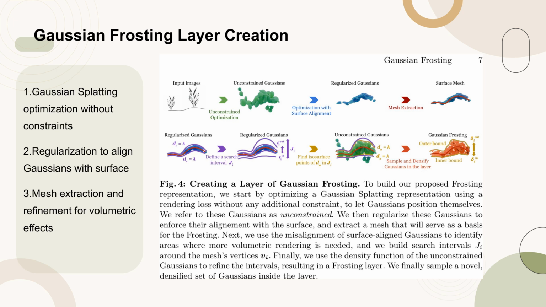The misalignment of surface-aligned Gaussians is utilized to identify regions requiring more volumetric rendering. Search intervals are constructed around the mesh's vertices, and the density function of the unconstrained Gaussians is employed to refine these intervals, resulting in the frosting layer. Finally, a novel, densified set of Gaussians is sampled within this layer.